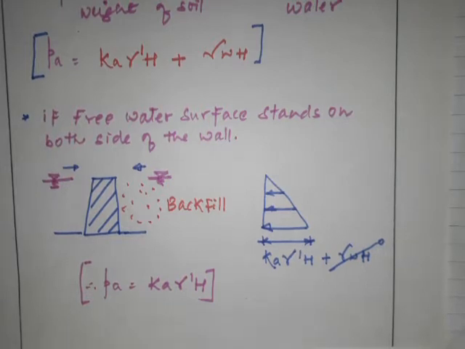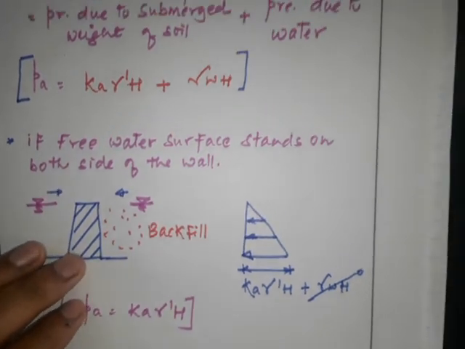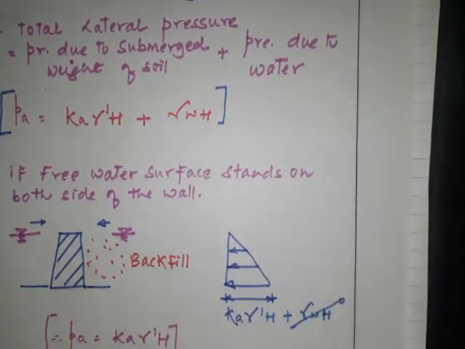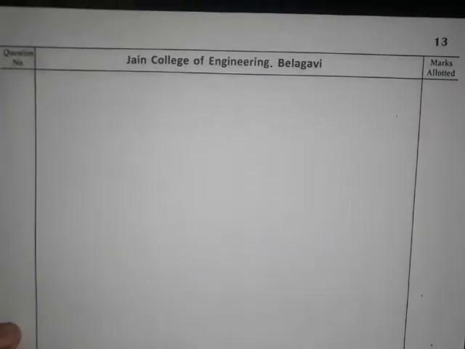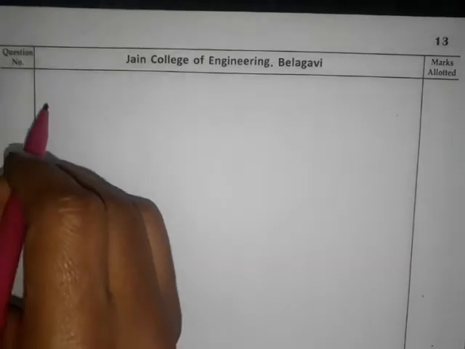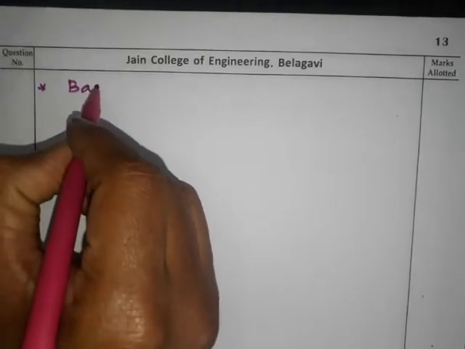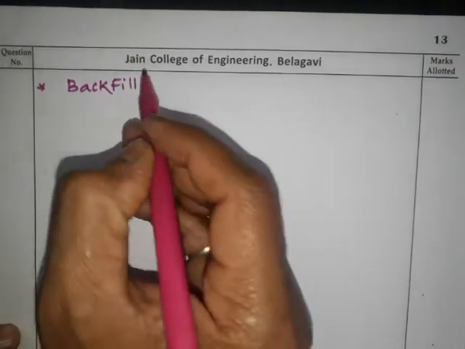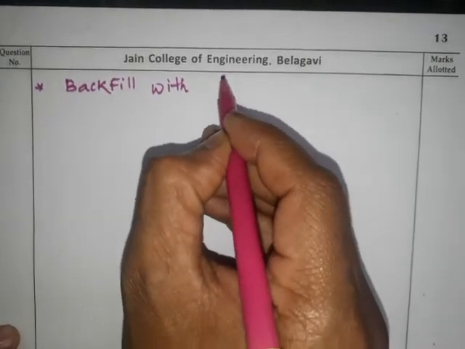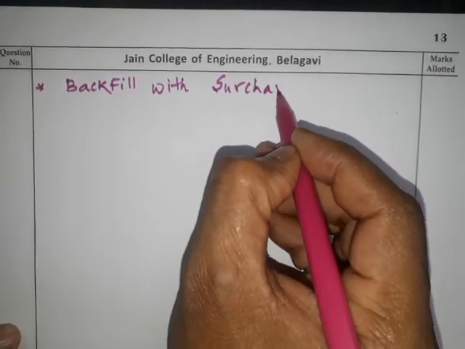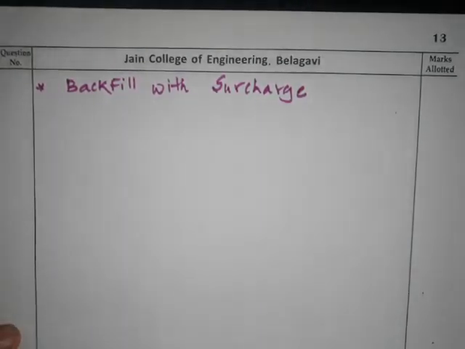Okay. Then after that we have backfill with surcharge. With surcharge means there will be some additional load over the retaining wall. So what will happen in that case? We have to check that. So the next condition is backfill with surcharge. I will draw the free body diagram here again.